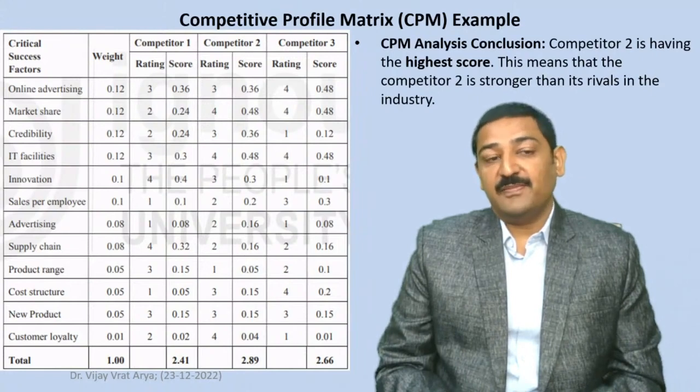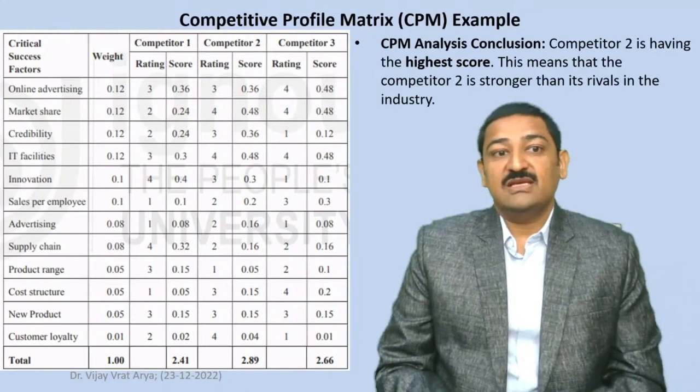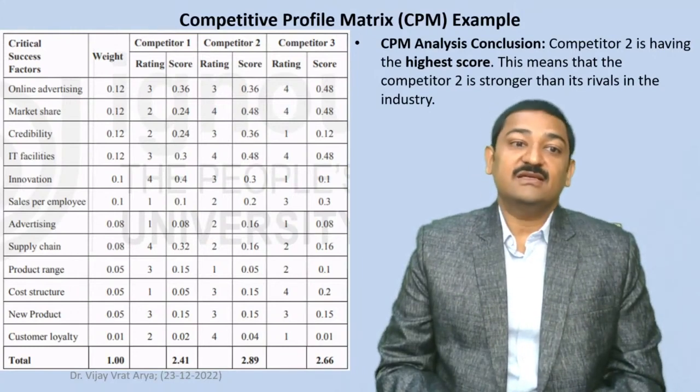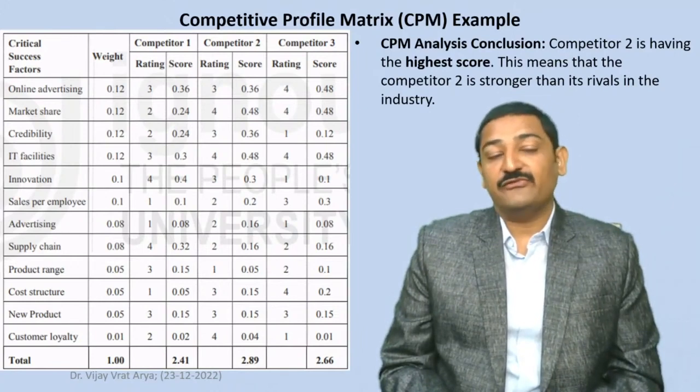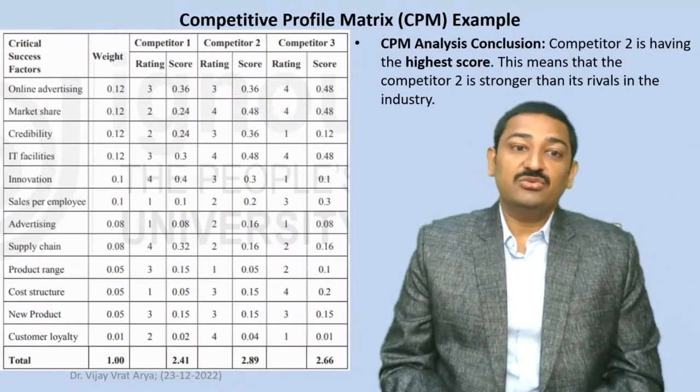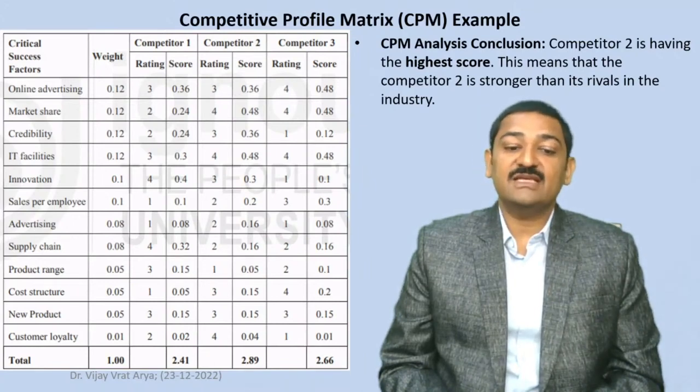And if we add up the score of each of these 3 competitors, then we find that in this example, competitor 1 has a score of 2.41, competitor 2 has a score of 2.89, and competitor 3 has a score of 2.66.